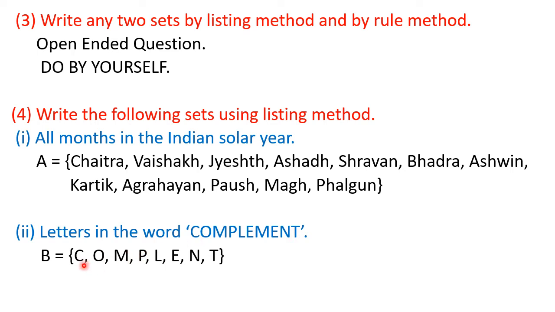But see, in our set we have only 8. Why? Because these 2 letters we have not repeated. According to our rule, we cannot repeat. That is why the set contains only 8 elements. Okay. Let us go further.